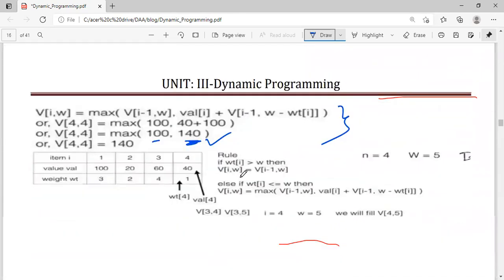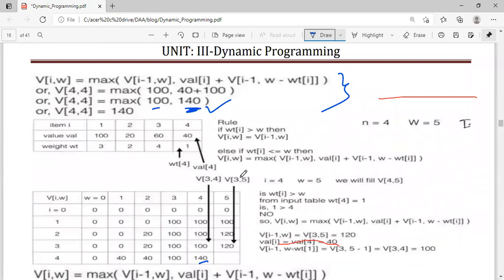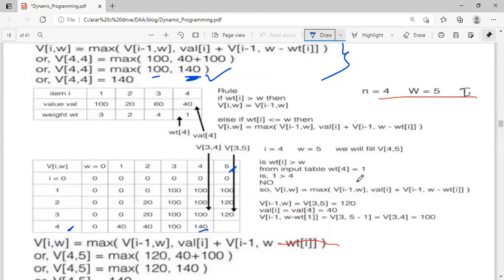Okay, in the last, we will get the value where I is equal to 4. I am here at 4, W is equal to 5. I need to check the value for this. What is the value of I? It is 4. Weight is equal to 5. So what is WT of I? WT of I is 1.